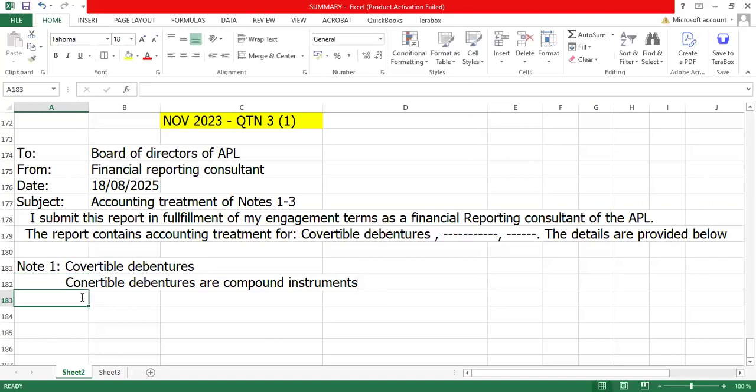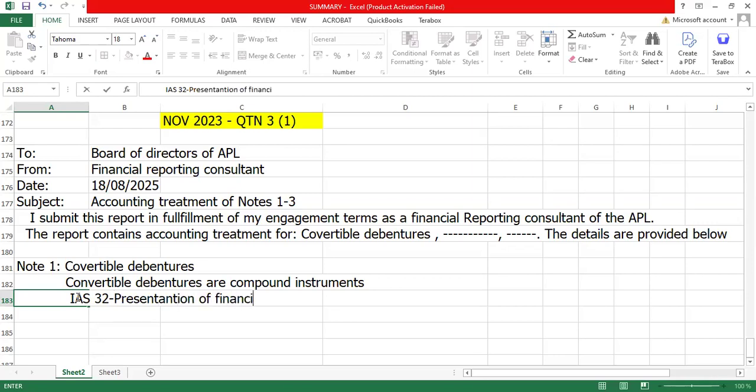And since they are convertible instruments, this implies that this transaction should be accounted for using IAS 32, that is the presentation of financial instruments.